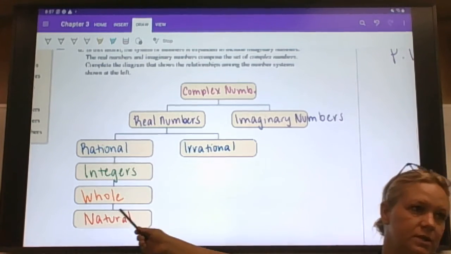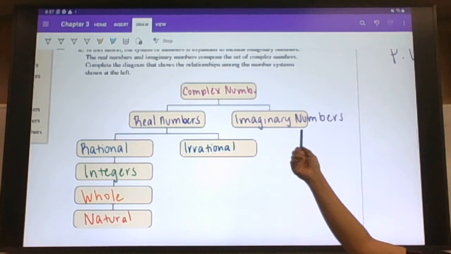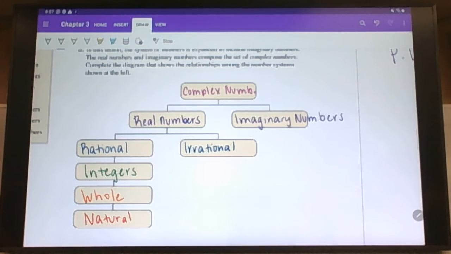All of these real numbers. Anything that's not real is called imaginary. And that whole classification there is just the square root of a negative.